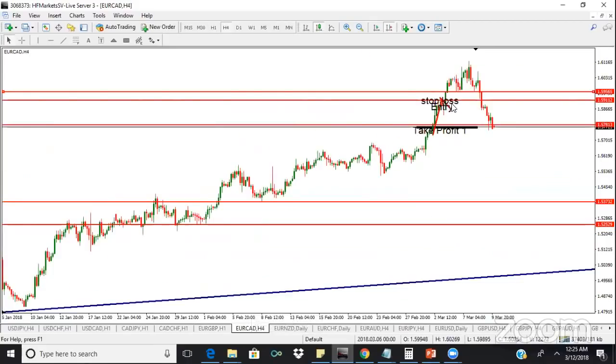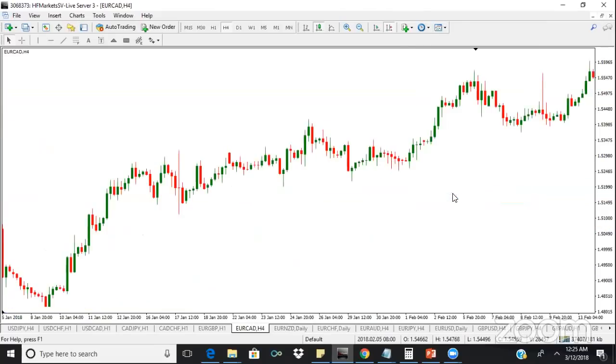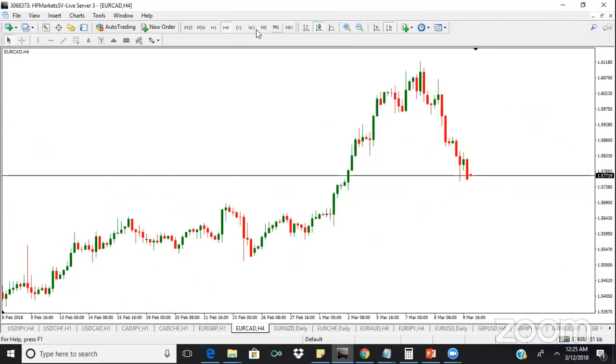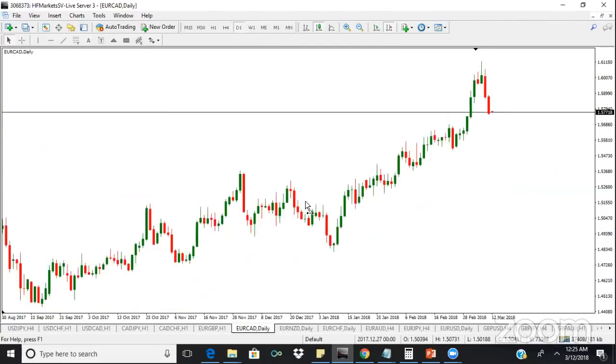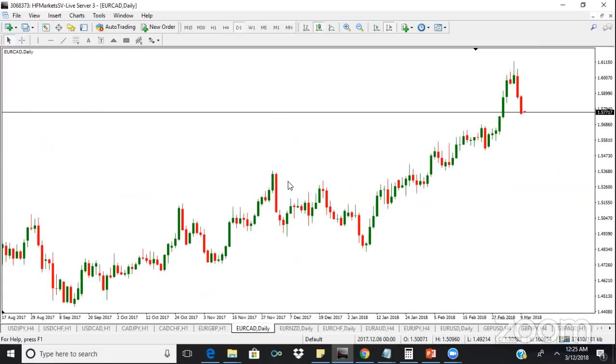Euro CAD. Interesting. You draw your zones. Look at the first one.